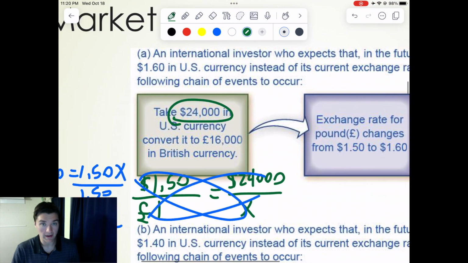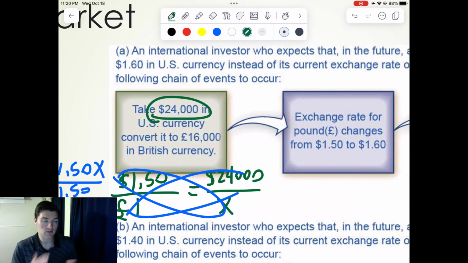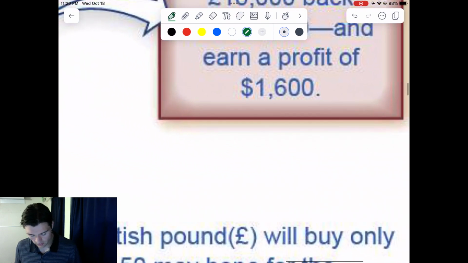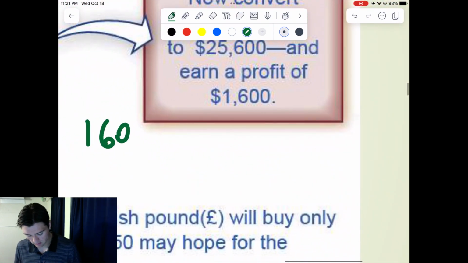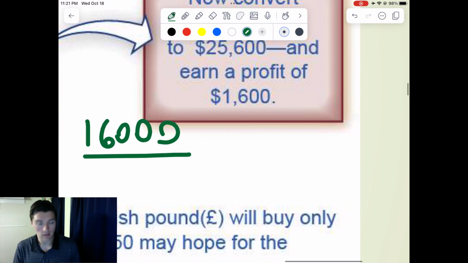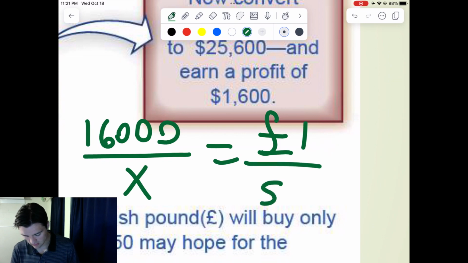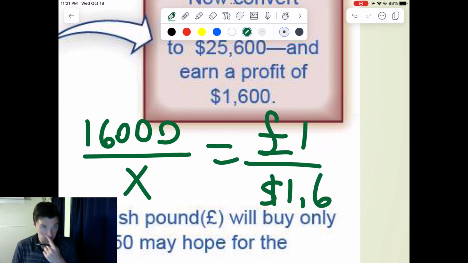And now we're waiting. We have 16,000 pounds and we're waiting for the exchange rate to change to 1.6. Because now we have 16,000 pounds and we want to know how many dollars we can get. Well, we do know that 1 pound is $1.6, so we'll do the exchange rate here.